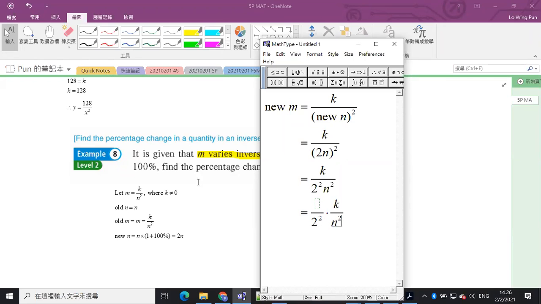Can you get this? So please do not just write 2 squared on the top, okay? The 2 squared should be on the bottom of the fraction, that is the denominator. But what should I write for this? If there is no number split out from the fraction, it should be just 1. So there should be a number split out here.